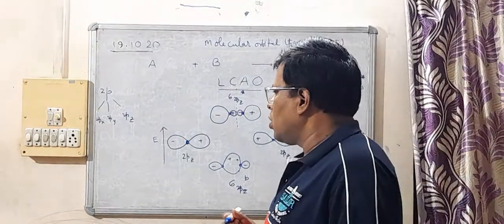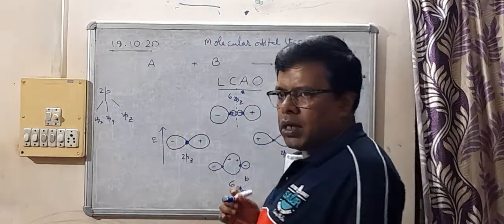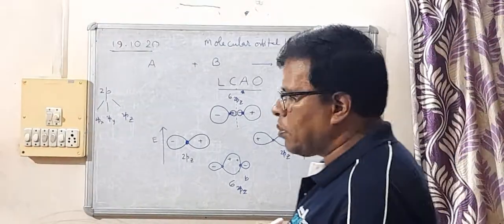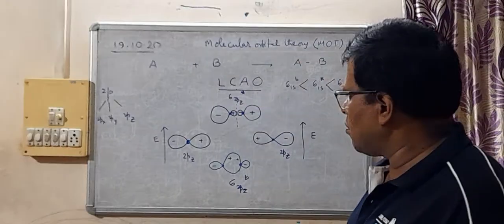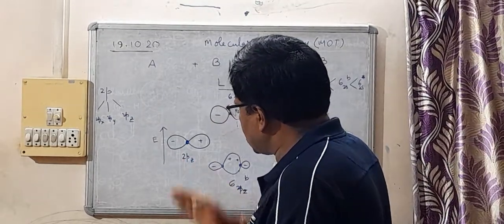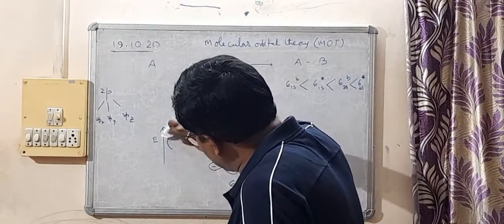Now, what happens when, say, px and px combine? What happens when px and px combine? Okay, now if pz is this, certainly px will be perpendicular to this. So I am drawing the px now here.